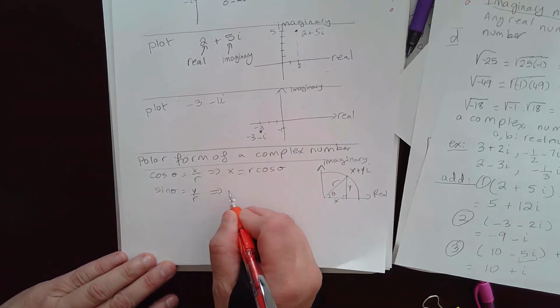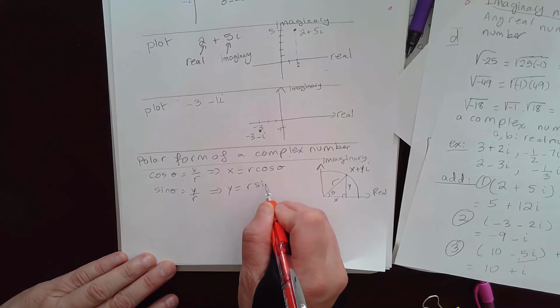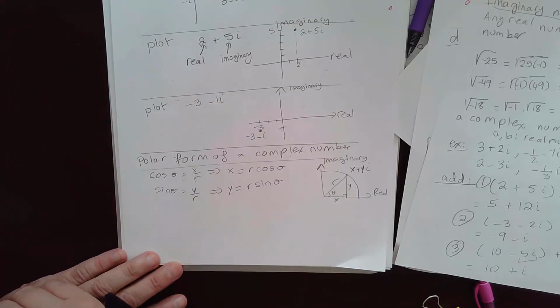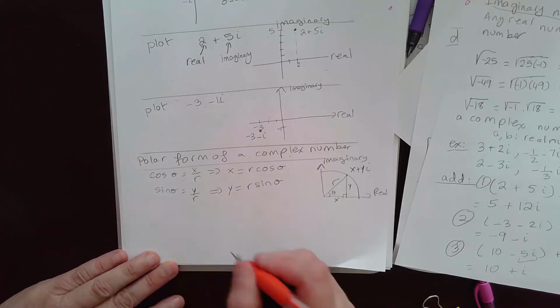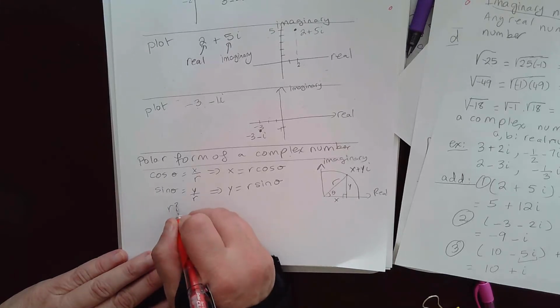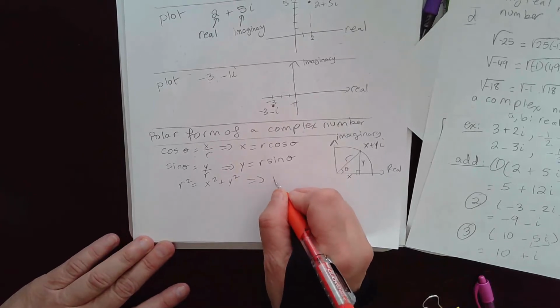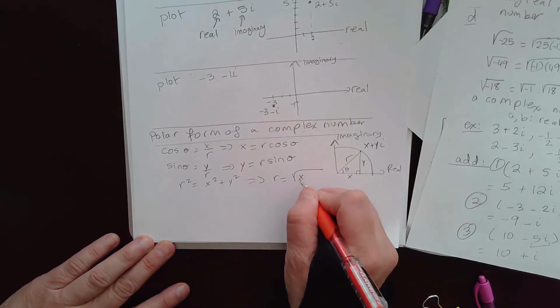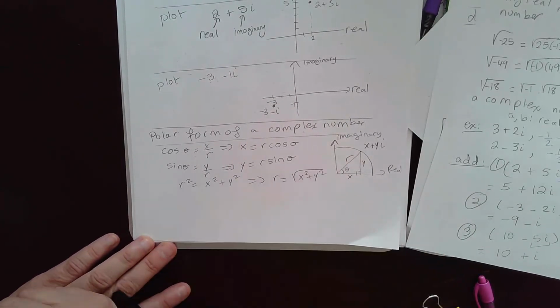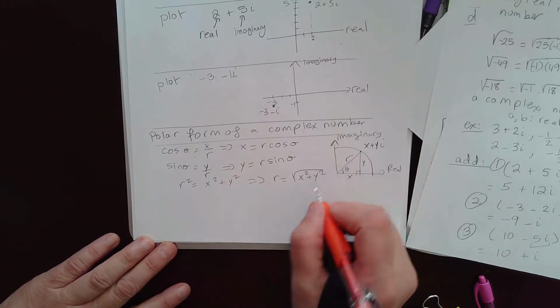That means y is equal to r sine theta. And if you recall, r squared is equal to x squared plus y squared. You may want to write it as r is equal to the square root of x squared plus y squared. Theta is the argument and r is the modulus.